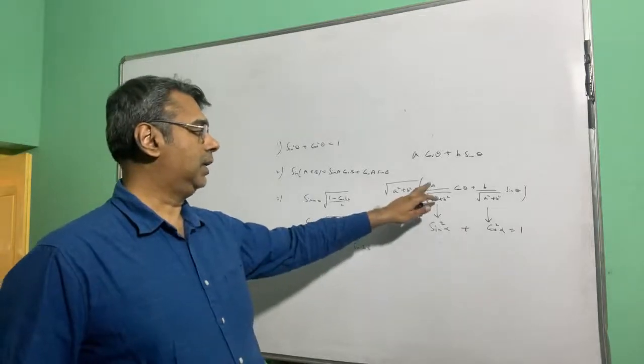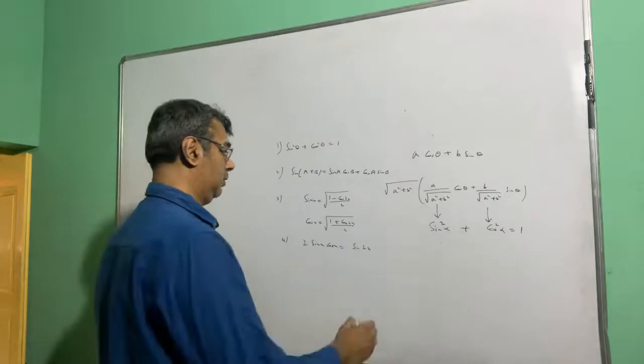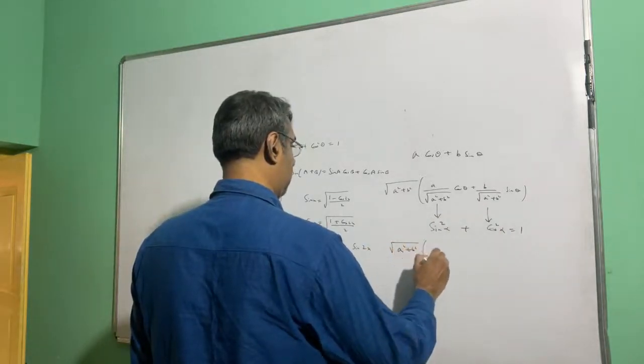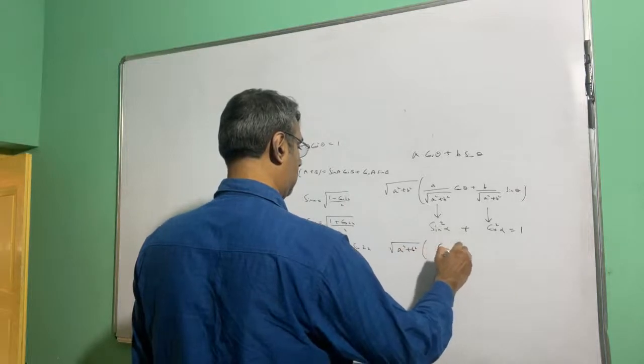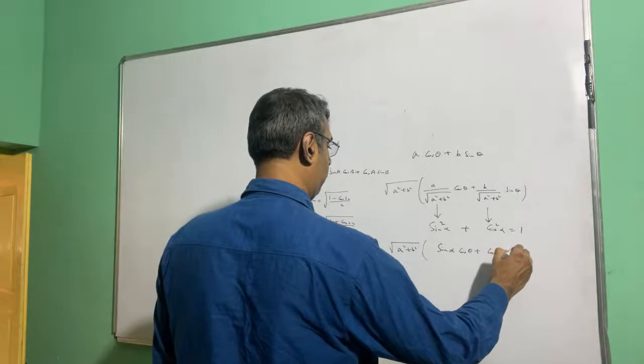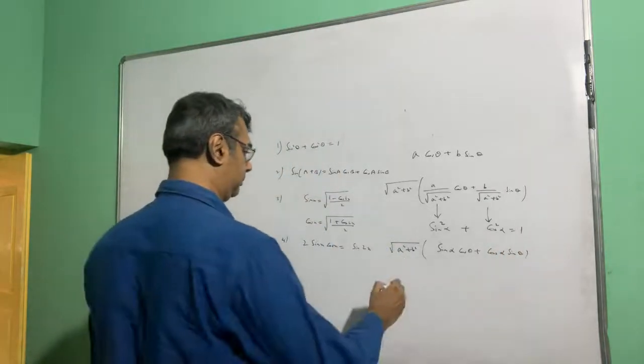So I take a by root a square plus b square as sin alpha and b by root a square plus b square as cos alpha. So it becomes root a square plus b square into sin alpha cos theta plus cos alpha sin theta.